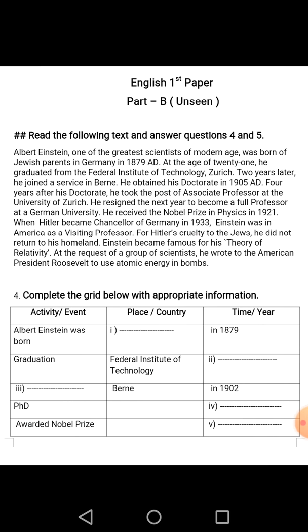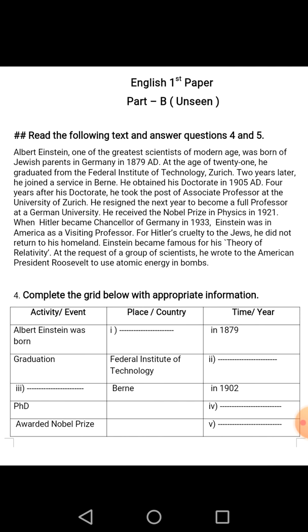The first sentence is Albert Einstein was born. Number 1 is gap in 1879. The second sentence, graduation, Federal Institute of Technology. Number 2 is gap. Then the third sentence, here, activity or event.